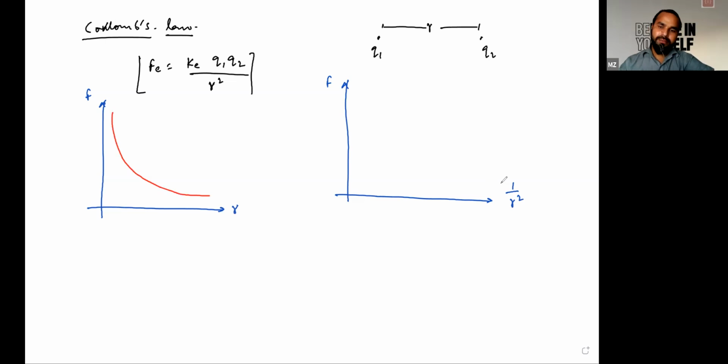Okay, next for the second part. It will be linear. Linear, starting from origin or intercepting the two axes? Starting from origin. Okay, so it will be like this.